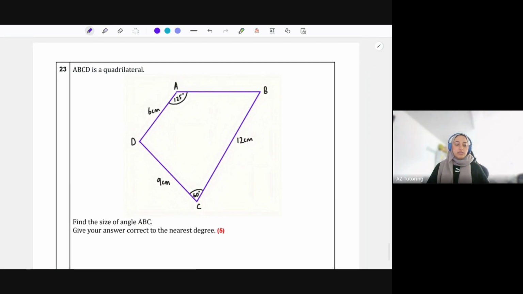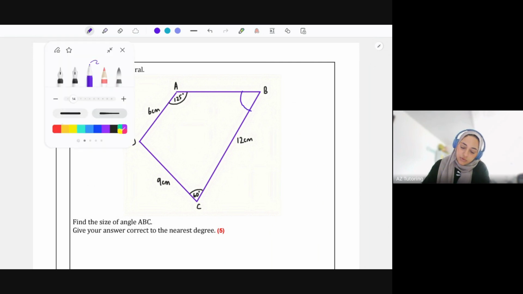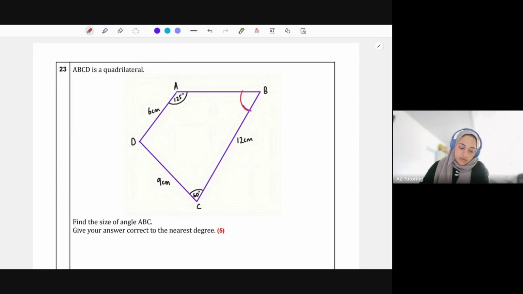Okay, so it says ABCD is a quadrilateral, four-sided shape, which I can see. Find the size of angle ABC. So ABC is this one here. I'm just going to put it in red. This is what I need to find here. Now, what I will have to do is split this into 2 triangles. And the way I'm going to split it is this way here.